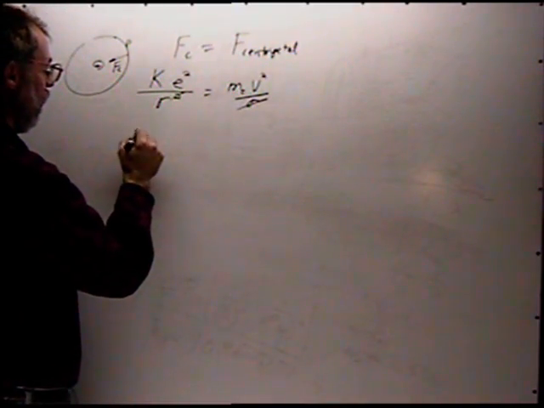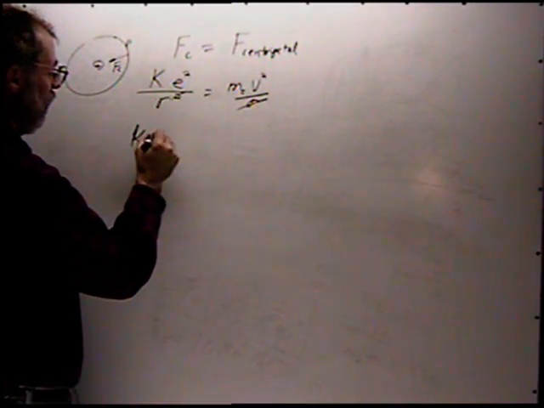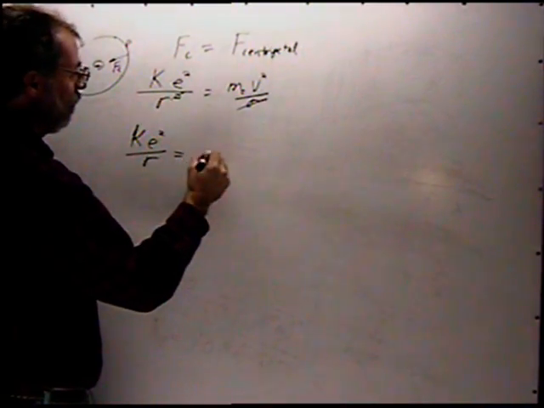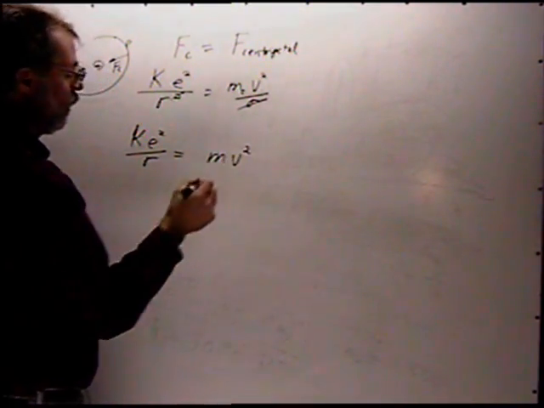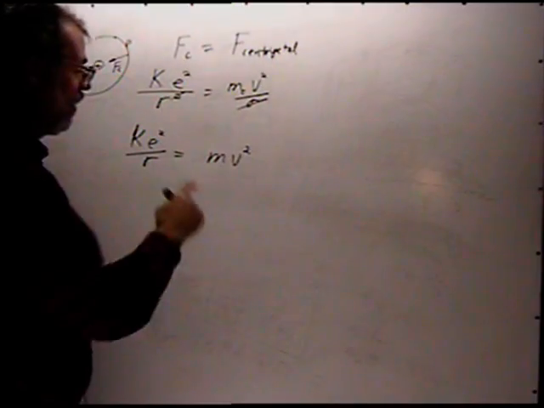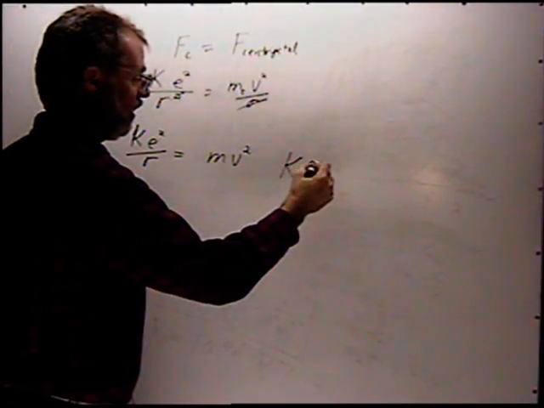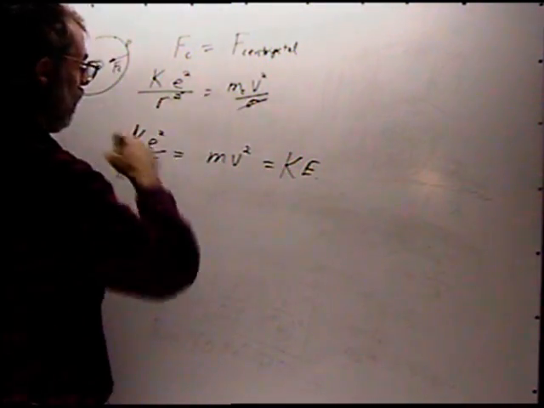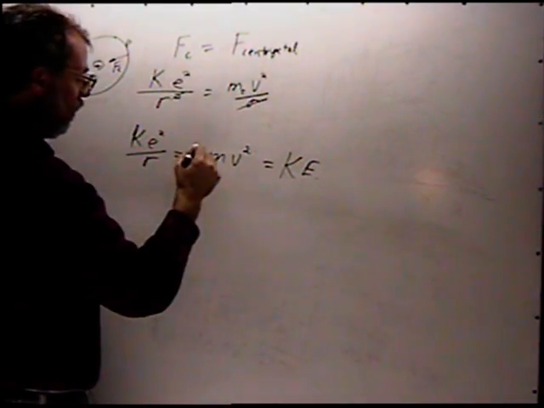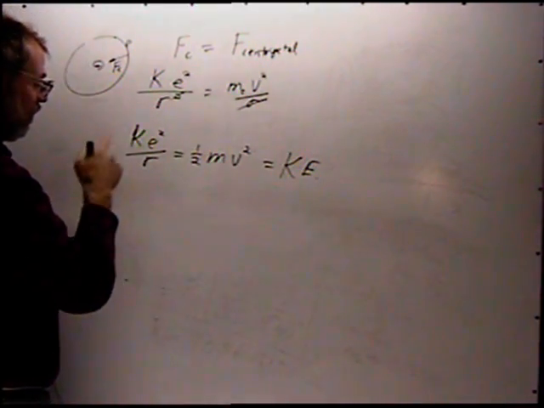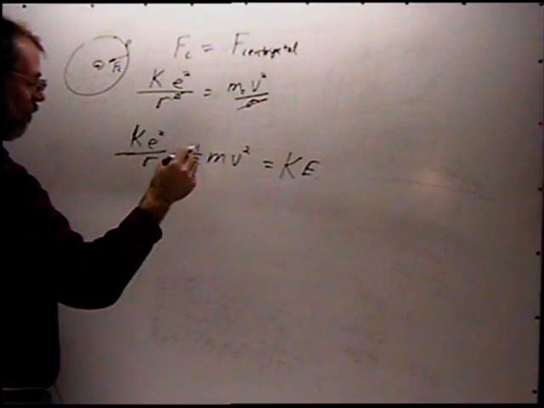Basically we have K E squared over R equals mv squared. Well, if I want the kinetic energy, what is the kinetic energy? The kinetic energy of the electron is simply 1/2 mv squared, so I simply have to multiply this by half.